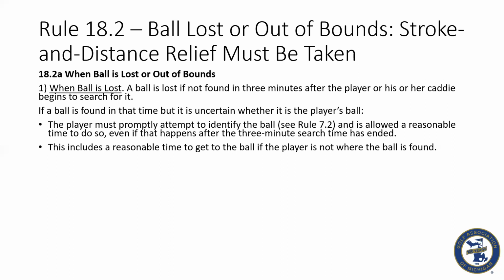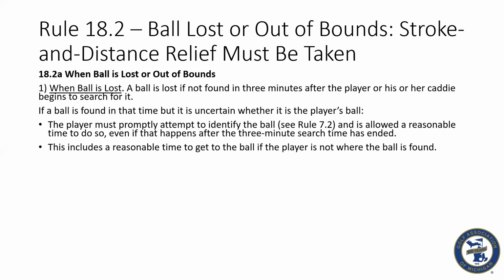All right, so if a ball is found in this three minutes, but it's uncertain whether it's the player's ball, the player can obviously identify it. They can mark it and lift it to see if it's theirs, and they're also allowed a reasonable time. Even if the ball is 20 yards away, if we say it's there before the three minutes, we are allowed to identify that ball.